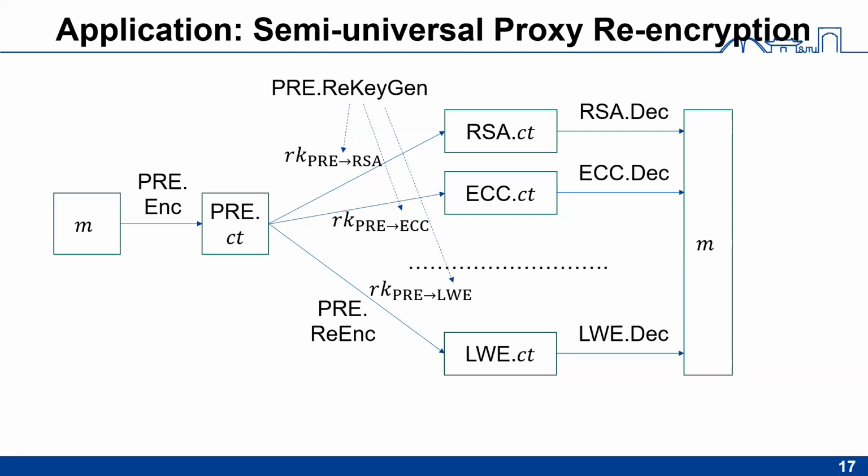We call it semi-universal PRE. A semi-universal PRE can re-encrypt a ciphertext into a ciphertext for any PKE scheme, such as RSA, ECC, lattice-based schemes, and so on, and decrypt correctly into the message.